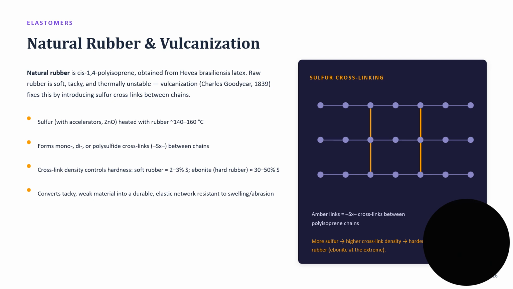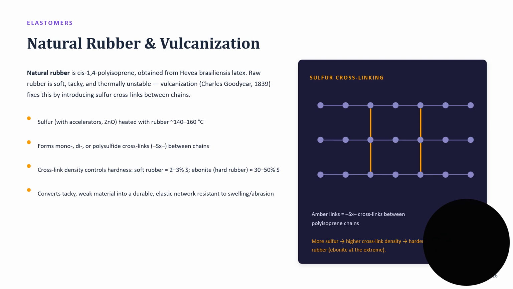The transformation came in 1839 when Charles Goodyear discovered vulcanization: heating raw rubber with sulfur, typically around 140 to 160 degrees Celsius, along with accelerators like zinc oxide. This process forms mono-, di-, or polysulfide crosslinks, shown here as the amber connections bridging adjacent polyisoprene chains, and the amount of sulfur used precisely controls the final properties.